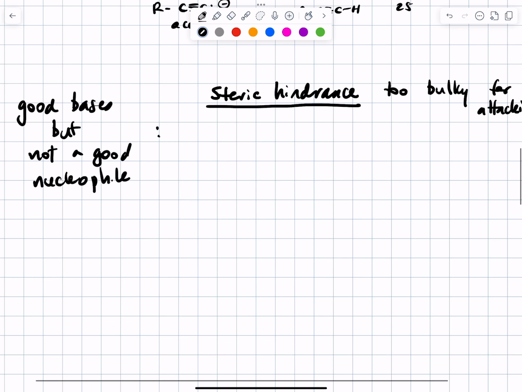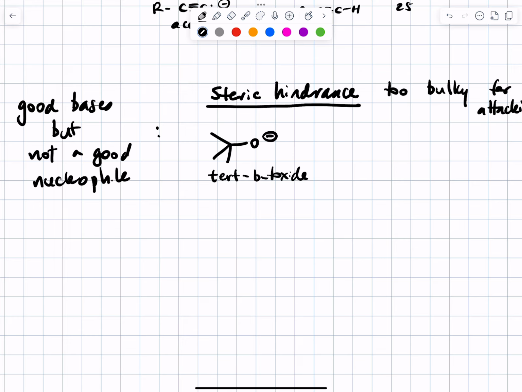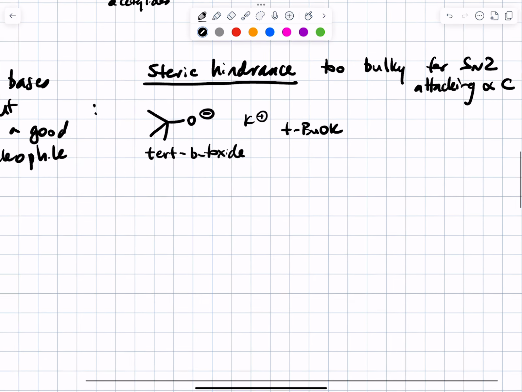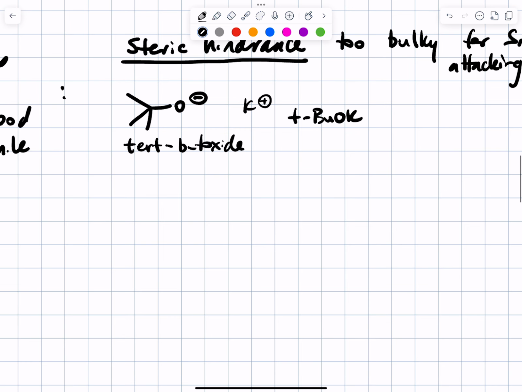One classic example is this base called tert-butoxide. Often it comes with a counter ion of potassium. Sometimes people will abbreviate this as t-BuOK, which reminds me of that guy from Phineas and Ferb.